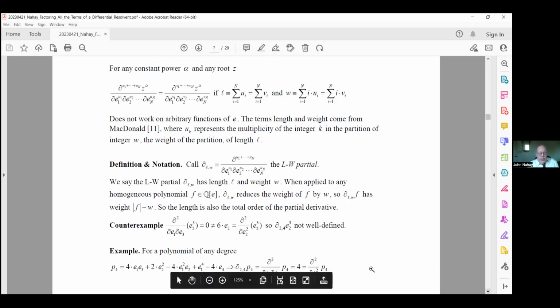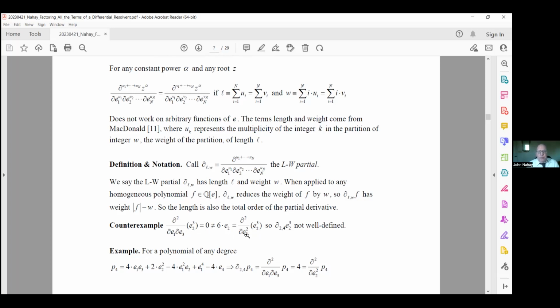And just to show a counterexample, the smallest non-trivial case is the partial with respect to E1, partial with respect to E3, and the second partial with respect to E2. If you apply the partial with respect to E1 and E3 to E2 cubed, you get 0.